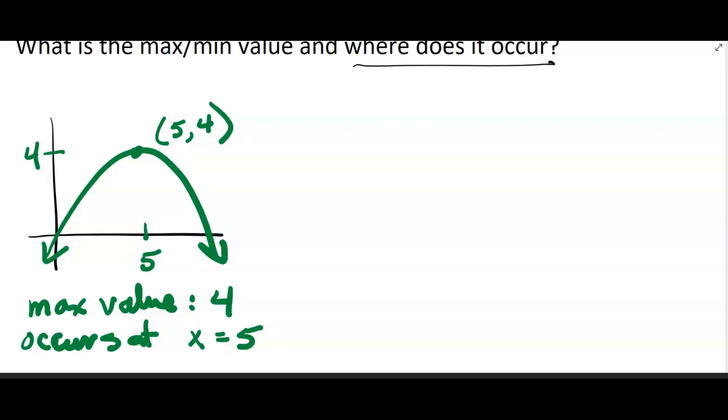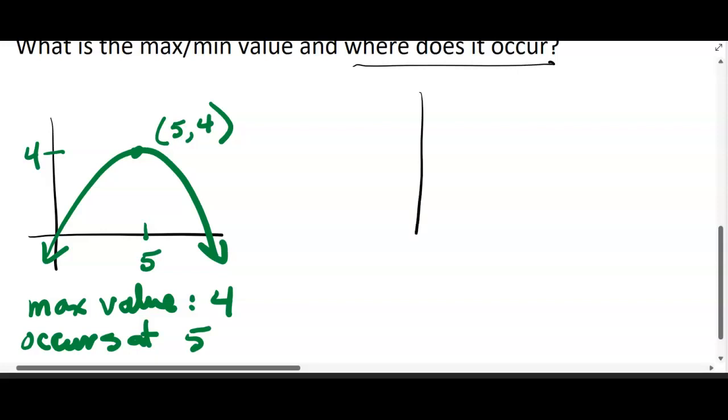But it's occurring at 5, okay? You know what? I don't like the way I have that written. That's going to make it look like a line. I'll just say it occurs at 5. Okay? And it depends on what you're talking about. Are you talking about feet for the output and seconds for the input? I don't know.